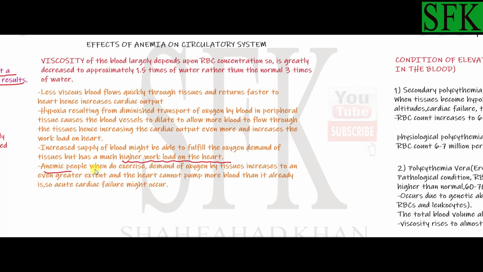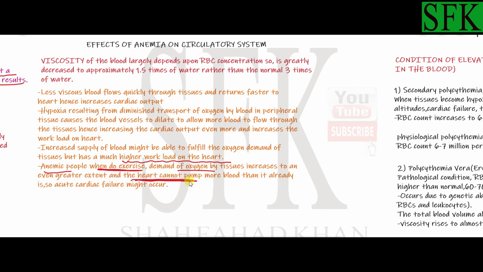Now anemic people who exercise, what would happen to them? Well, the demand of oxygen by the tissues increases when a person exercises. Obviously more ATP is required and more respiration occurs, so the oxygen demand by the tissues increases to an even greater extent. So the heart is now required to pump even harder to fulfill this oxygen demand.